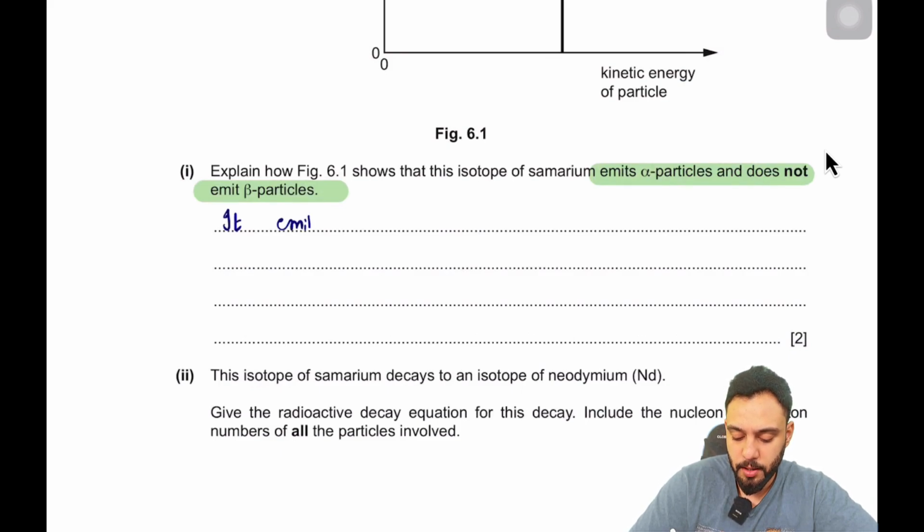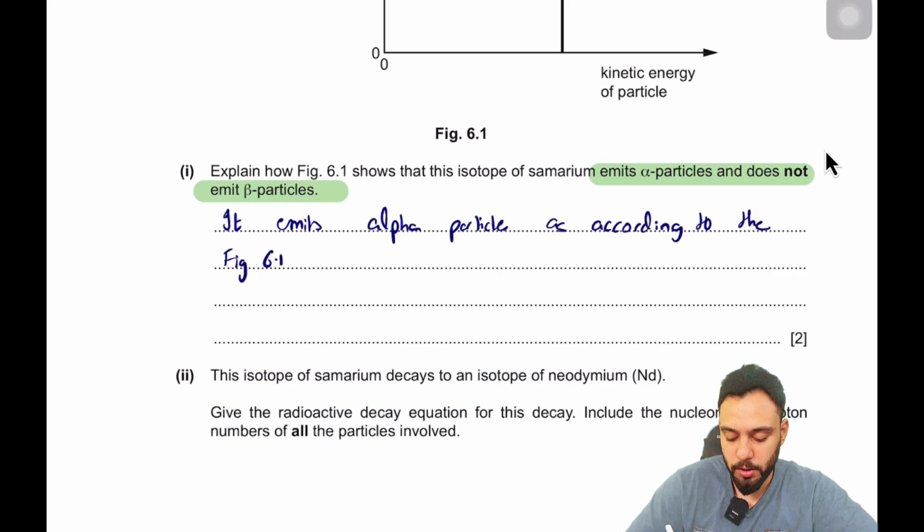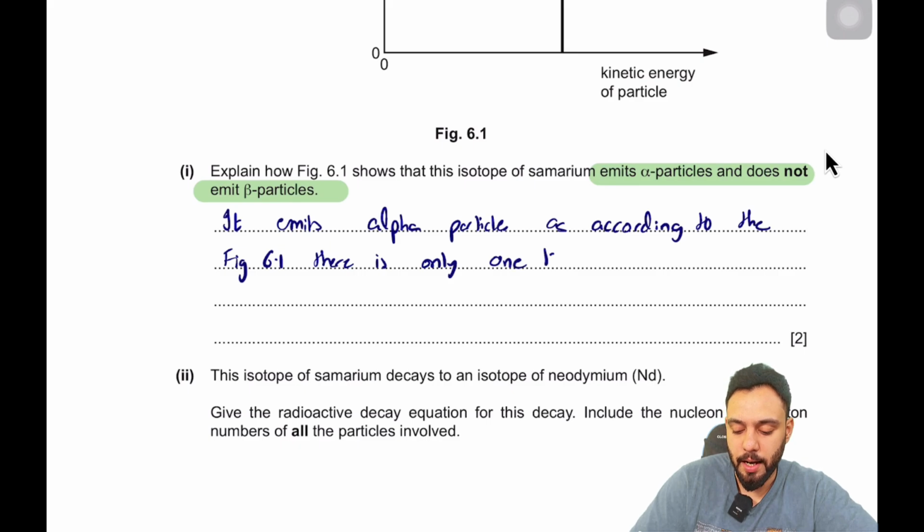So again, the answer is going to be along these lines, that it emits alpha particles as according to the diagram, to the figure 6.1, there is only one kinetic energy.